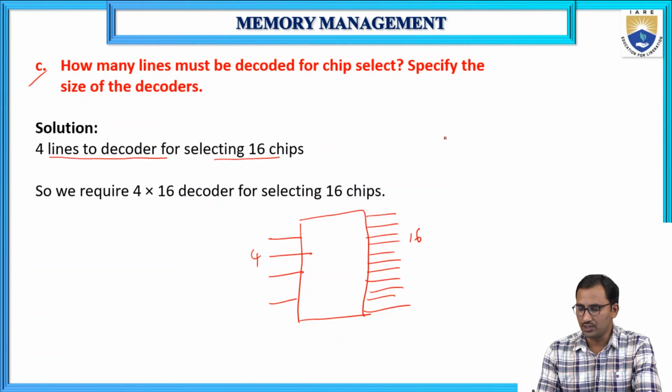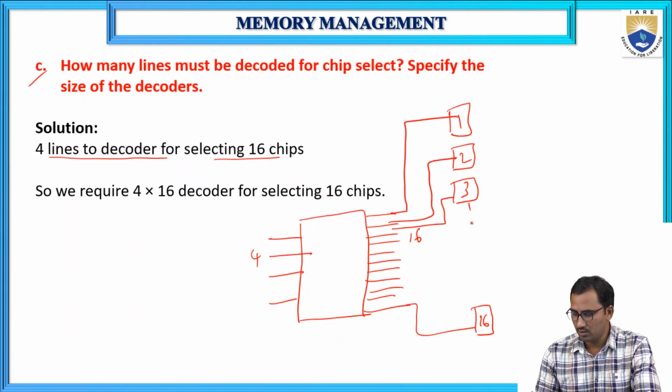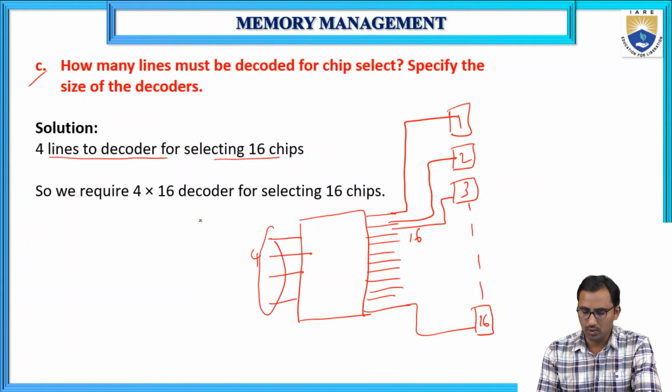In total we have 16 chips, this is chip 1, 2, 3, up to 16. The first output will be given here, second, third, up to the last. So by using these 4 input lines, we can decode. In this way, the required size of the decoder will be 4 by 16.